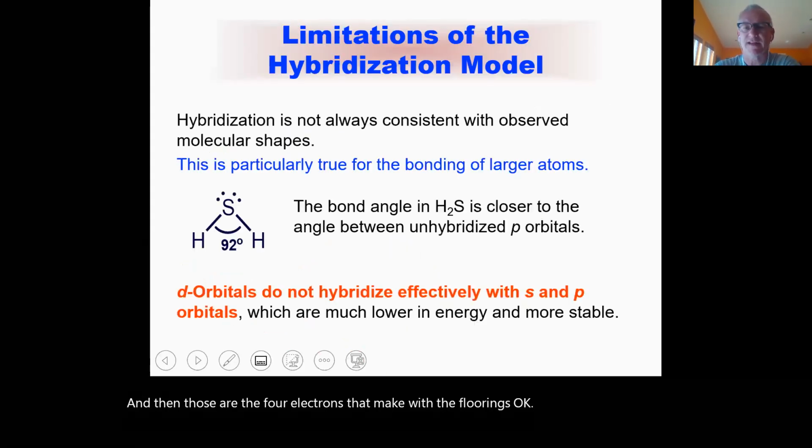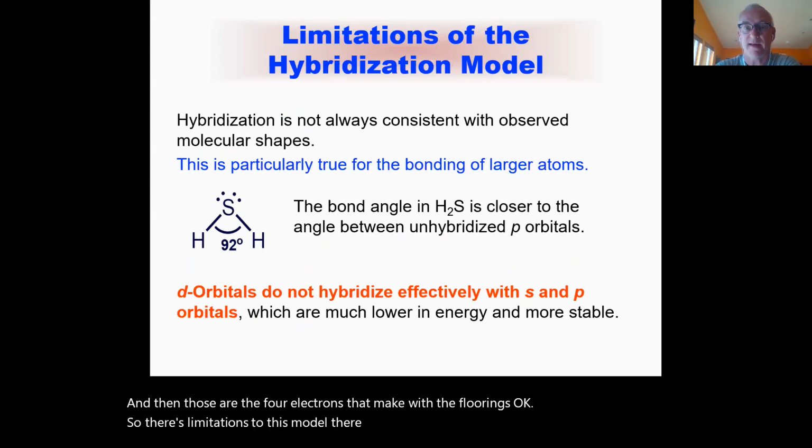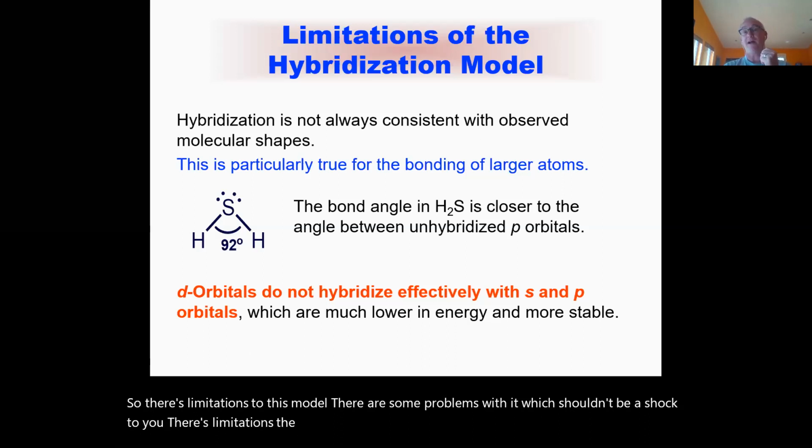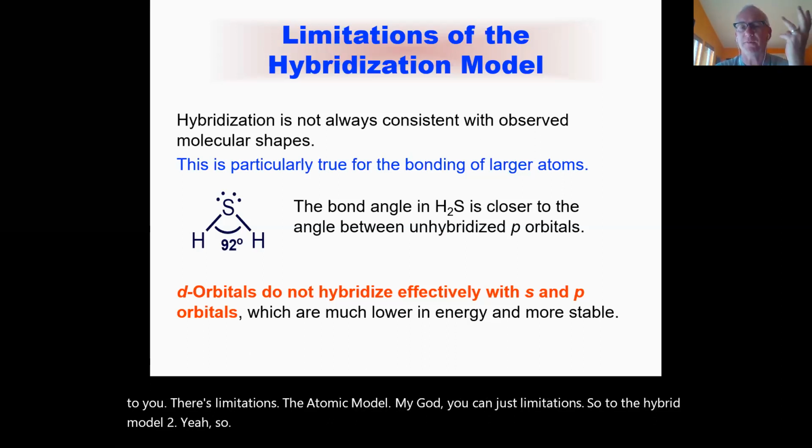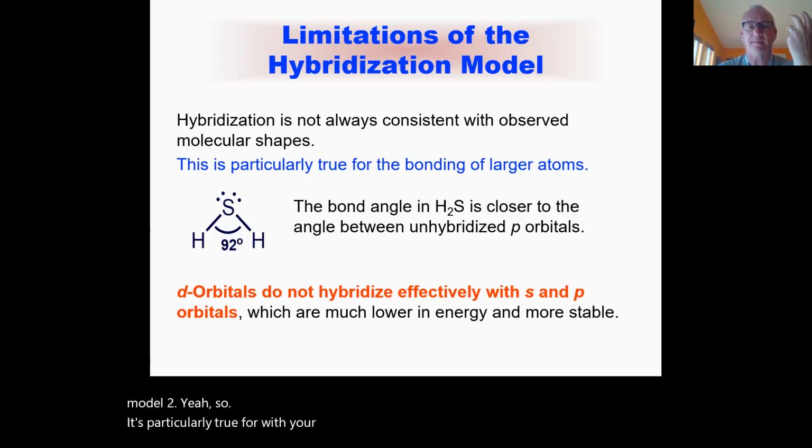So there are limitations to this model. There are some problems with it, which shouldn't be a shock to you. There are limitations to the atomic model. Oh my God, you mean there are limitations to the hybrid model too? Yeah. It's particularly true when you're bonding with larger atoms.